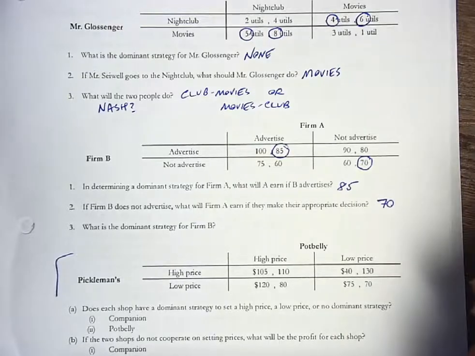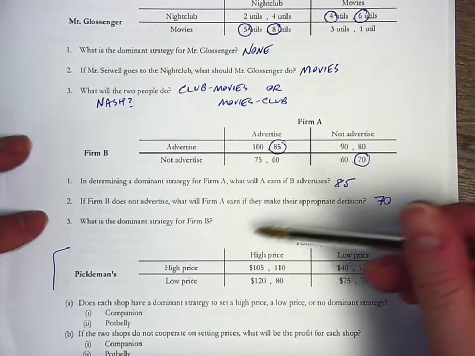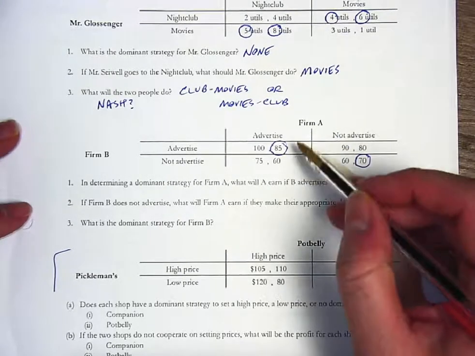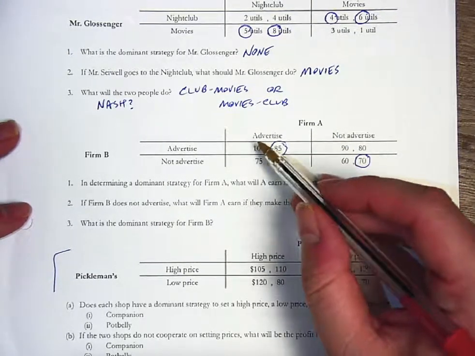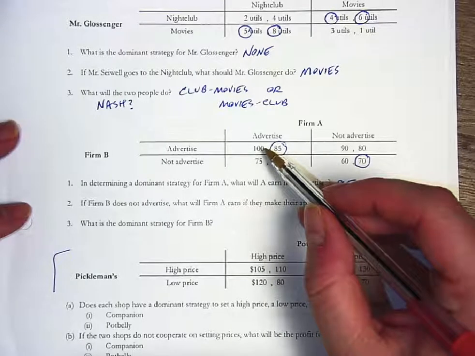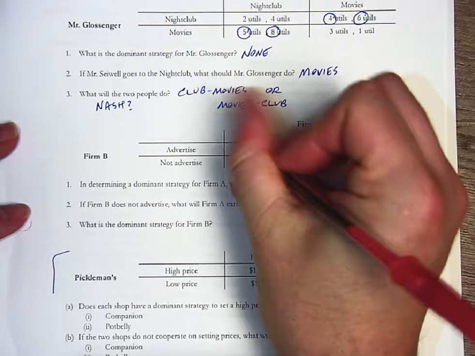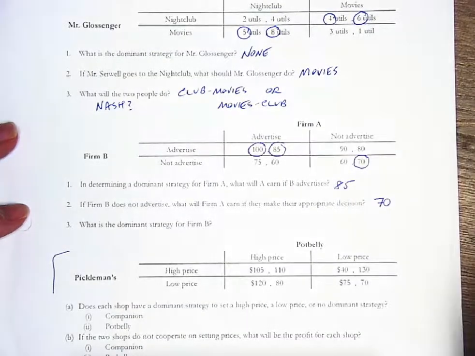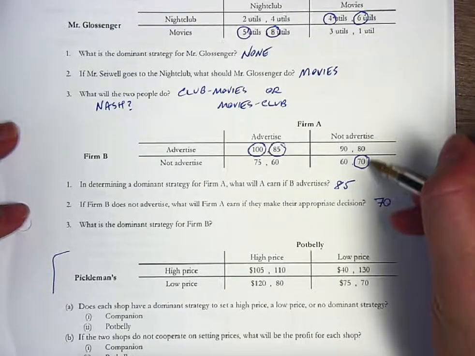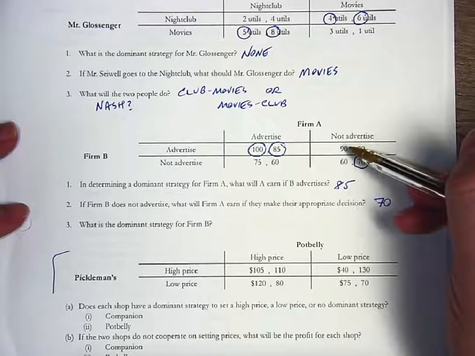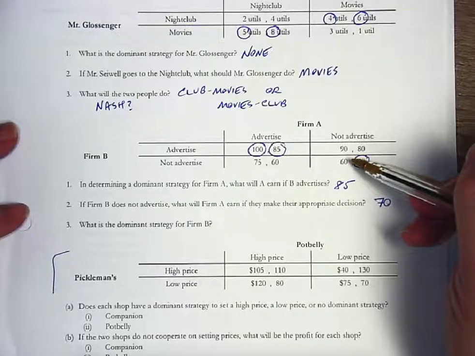So that's a classic interdependence there. What is the dominant strategy for B? Well, if A chose to advertise, then B should advertise and earn 100, or not advertise and earn 75. Clearly they should choose to advertise. If A chose to not advertise, then we're in this column, and now B can earn 90, or B can earn 60.